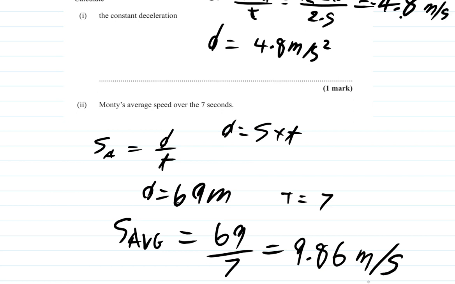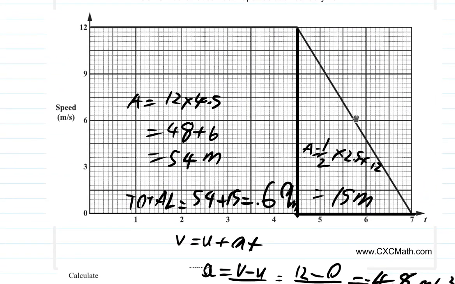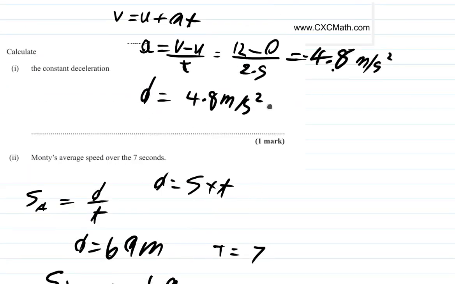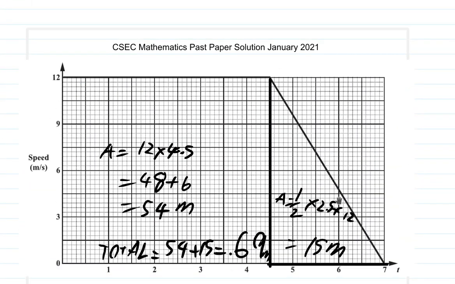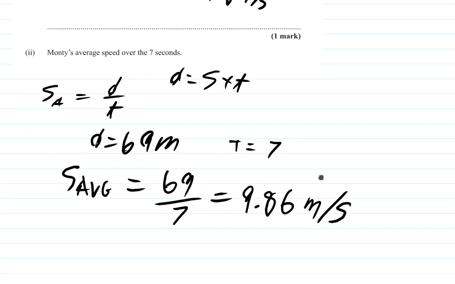Right, the average speed. You could see that it would drop down a bit below the 12 due to this deceleration. So the average speed is 9.86 meters per second.